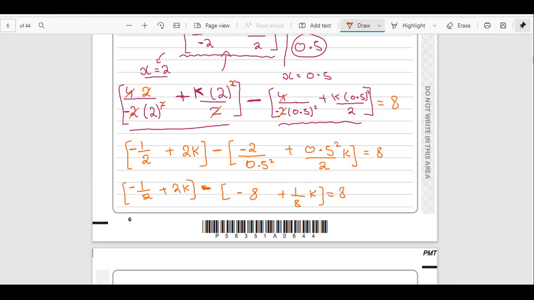Do it again. You're still not getting 1 by 8? No, I'm not getting 1/8. It should be 1 by 8. Do 0.5 squared, because now 0.5 is 1 by 2, so in the denominator we will have 2 into 2 into 2. So that should be 1 by 8. Just do it carefully.